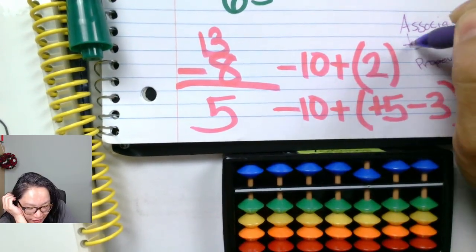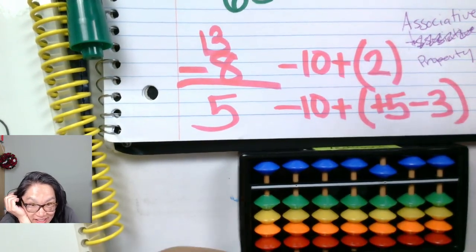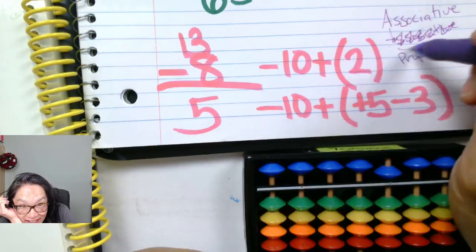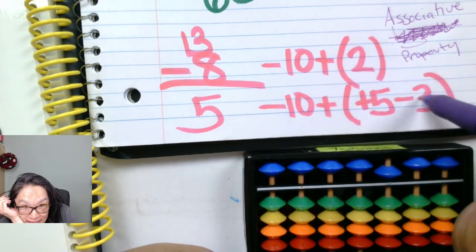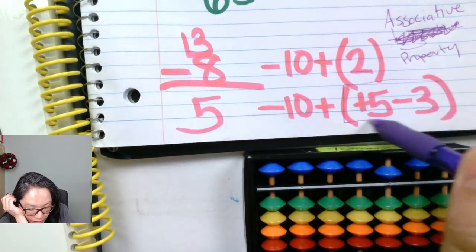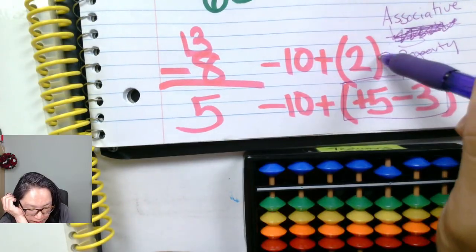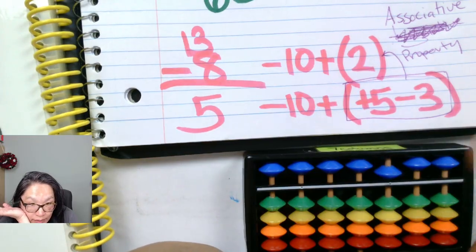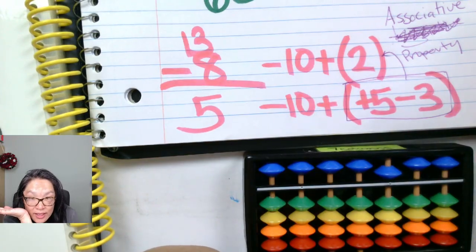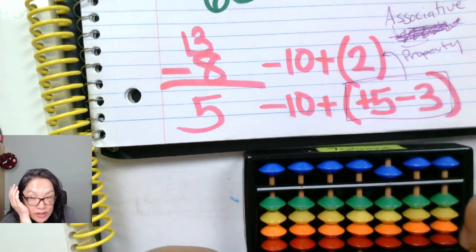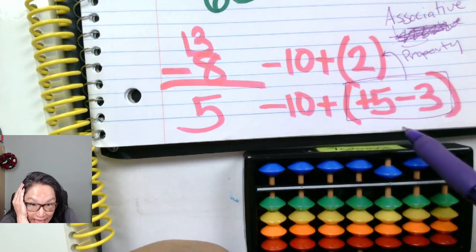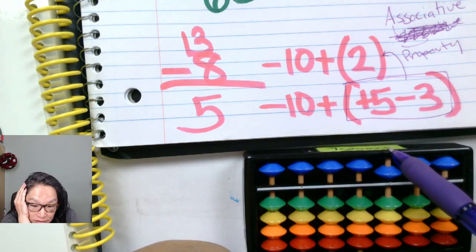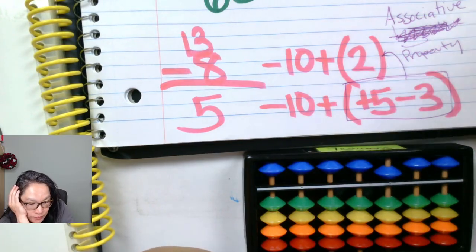Associative. There we go. I should have changed the C to an S. I think this is what we call associative property. We take this information and we pop it into here. Because in Abacus world, we don't have math terminologies. So I think we're doing that.